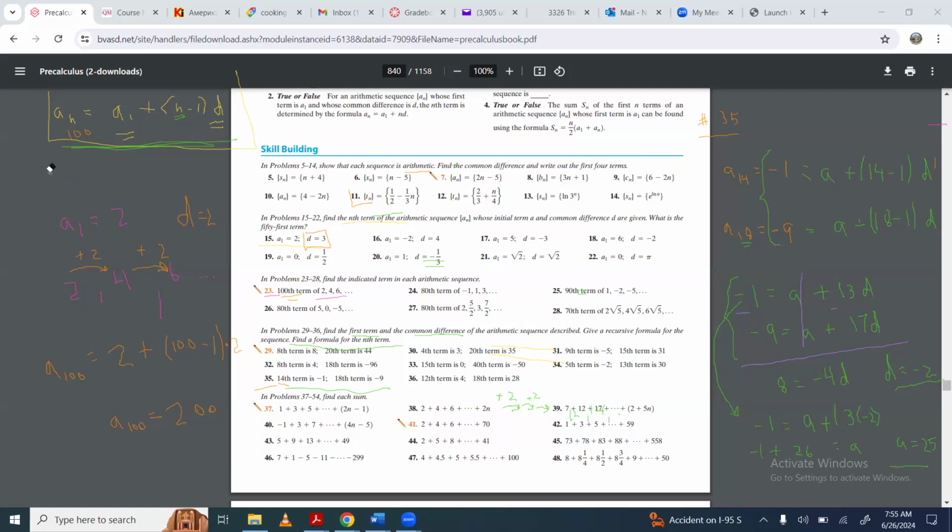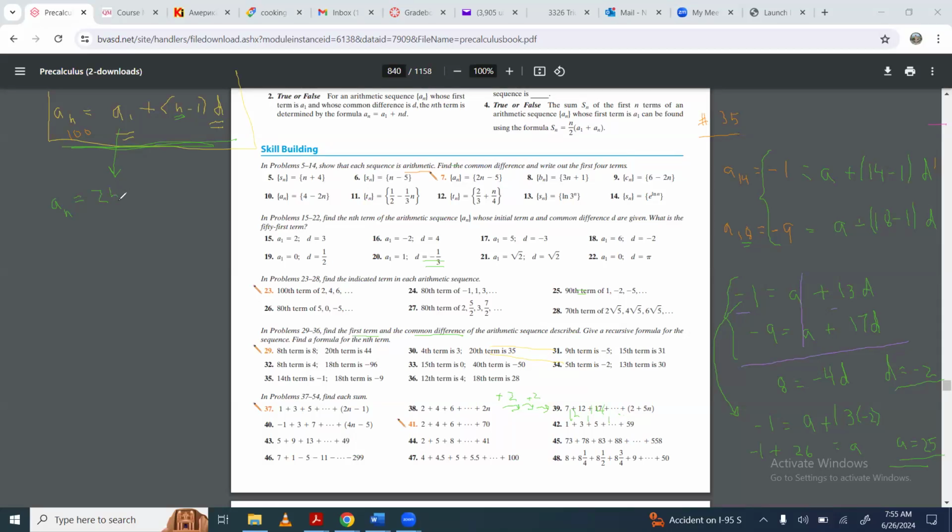Okay, how do I find the formula for the nth term if it's already found? Well, they expect us to just put instead of A and D whatever numbers they gave you. So a_n, I just need to write out instead of the first term the number we just got, 25, right?